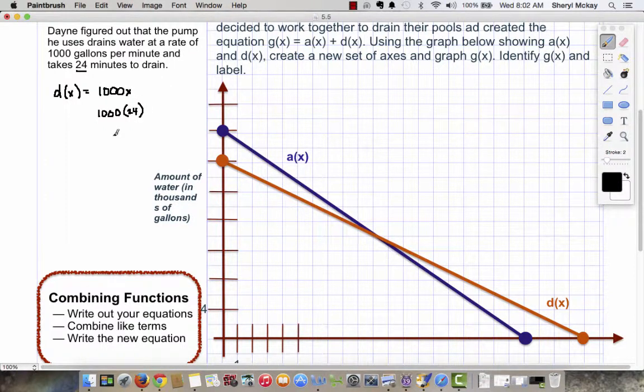Dane's pool will have drained 24,000 gallons, and then it will be totally empty. So that must mean that where he started is 24,000. I'm just going to write 24 right here because it's the water in thousands.